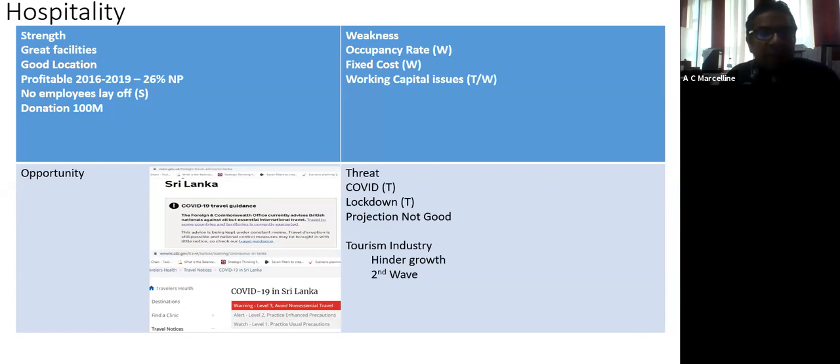The opportunity coming up: I've taken from two sites, one from the US site and the other from the UK site. Very interesting. The US is warning at level 3, which means they are saying avoid non-essential travel. So that means tourists don't go. It doesn't matter to us much because we don't get any major US tourists here. They fly right across us and go into Malaysia and Singapore, but they don't stop here.